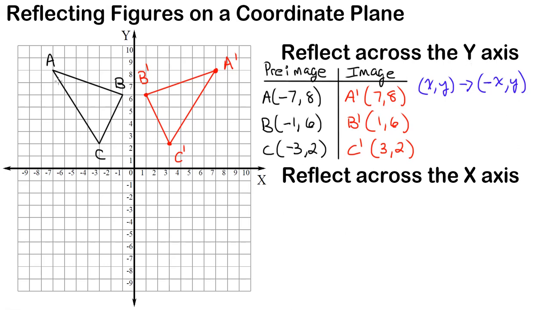Now let's take this same image, triangle ABC, and reflect it across the x-axis. Again, in order to stay perpendicular, all we've got to do is follow the grid lines. So I notice that point A is 8 units above the x-axis, so A prime is going to be 8 units below the x-axis.